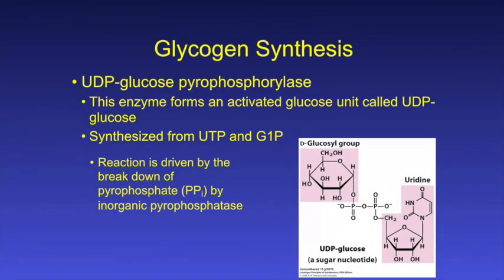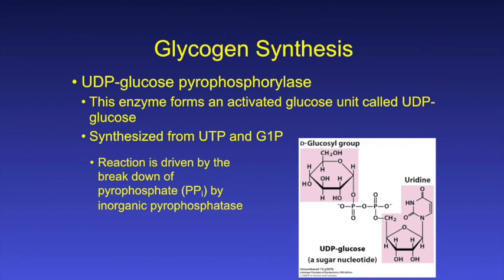The activated species that creates the good leaving group for a sugar to be synthesized is UDP glucose. It is a sugar, glucose, that is bound to UDP, using UTP as the energy source rather than ATP. Okay?